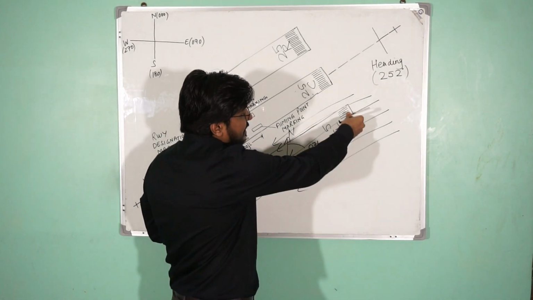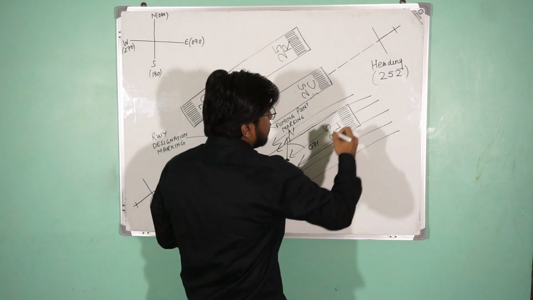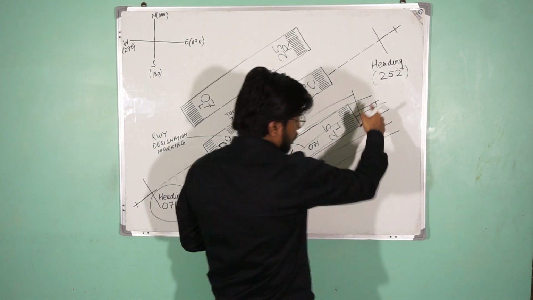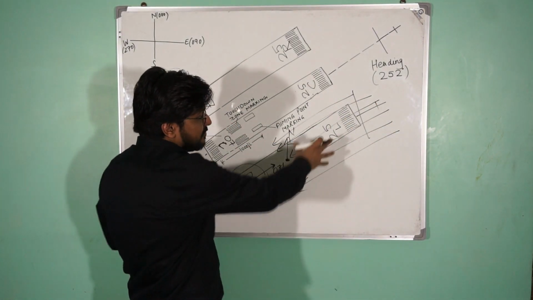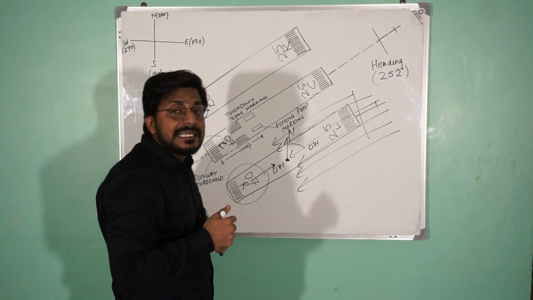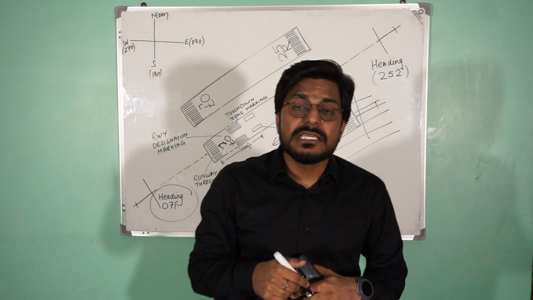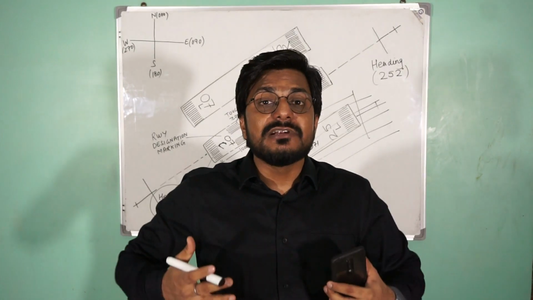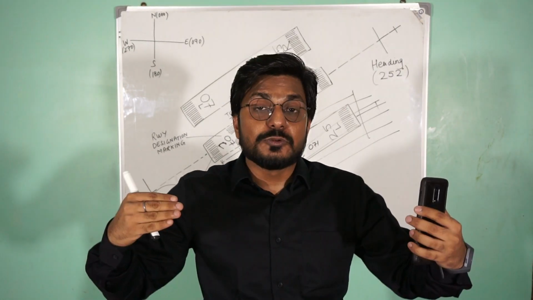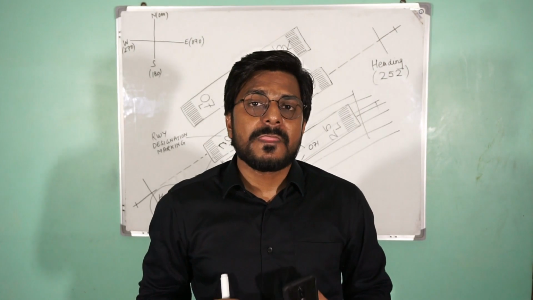In this case, if the aircraft departs from this runway, it will get a tailwind, which is not at all good for a departing aircraft, because it will take more length of the runway to get the proper airflow.